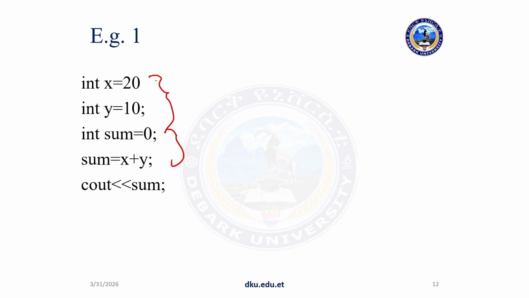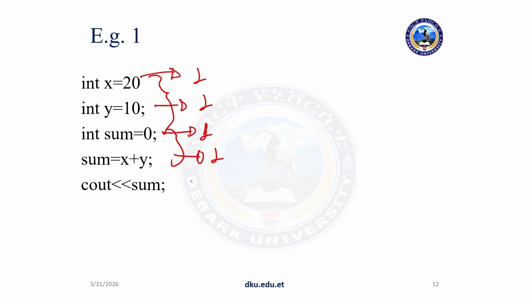Okay, so as we saw in the previous rule, this is an assignment operation, so this will take only 1 unit of time, and this one also will take 1 unit of time, and this one also, and this one also.